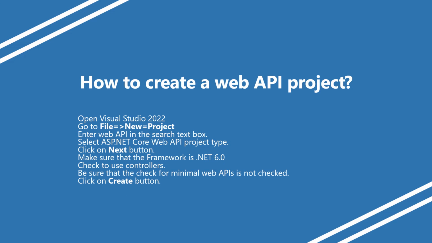So basically, how to create a web API project. When you open Visual Studio 2022, you can go to File, New, and then Project. In the search text box, please just enter Web API, select the ASP.NET Core Web API project type, click on the Next button, and make sure that the framework is .NET 6.0 or 7.0.